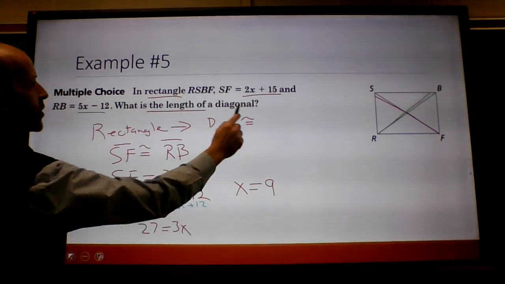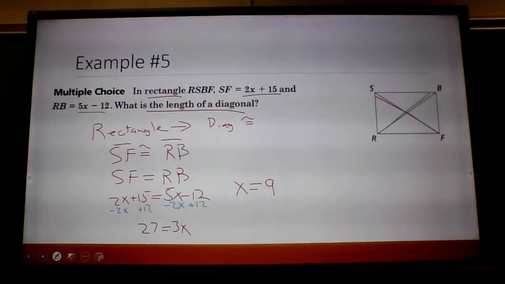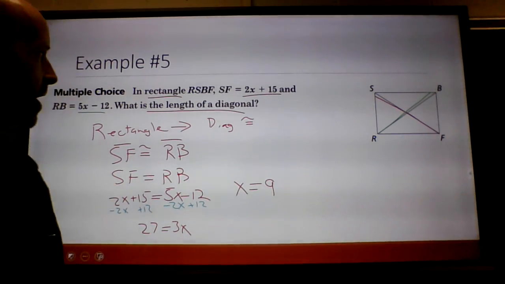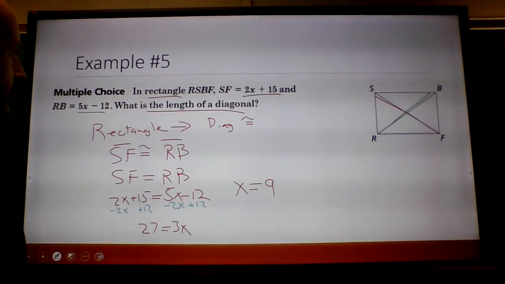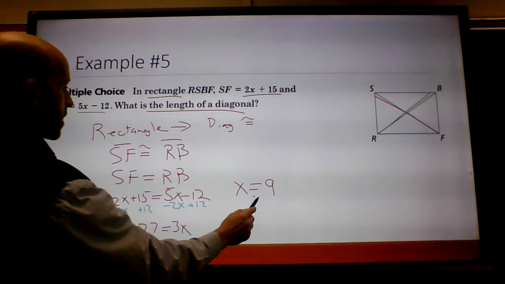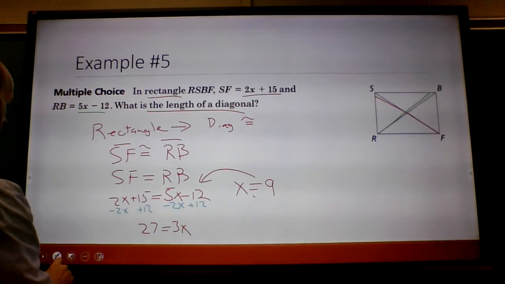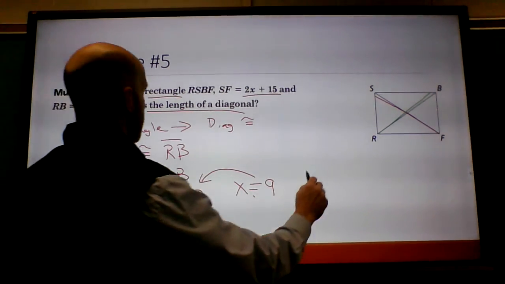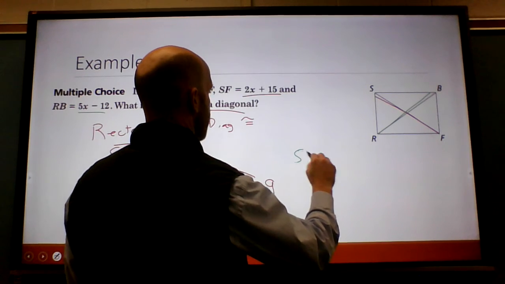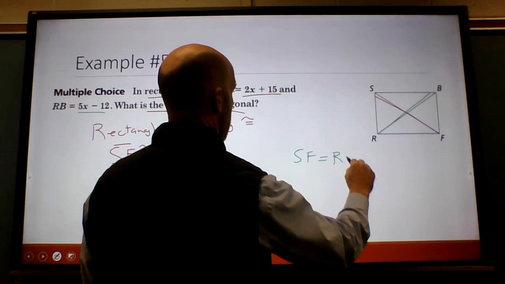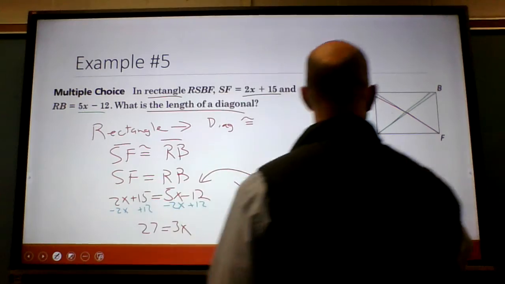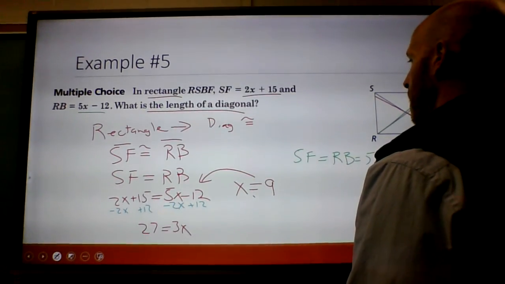But that's not what the question is asking us for. The question isn't what is the value of x. The question is what is the length of the diagonal. So now I'm just going to substitute this back in here. I'm going to say that SF is equal to RB is equal to 5 times 9 minus 12.